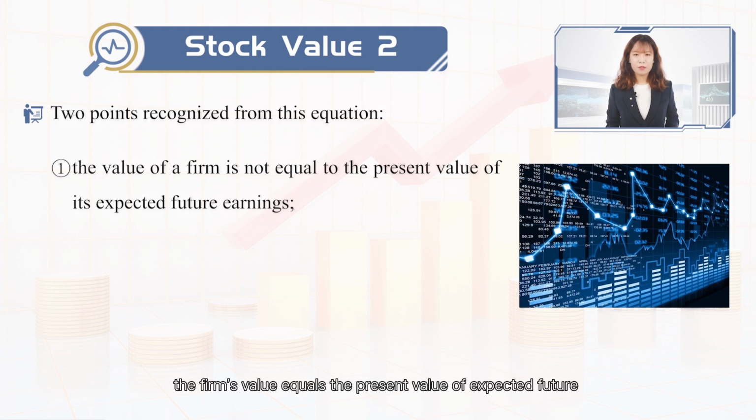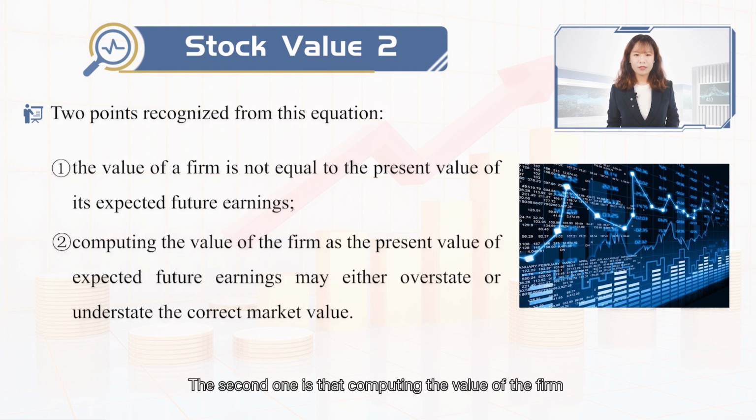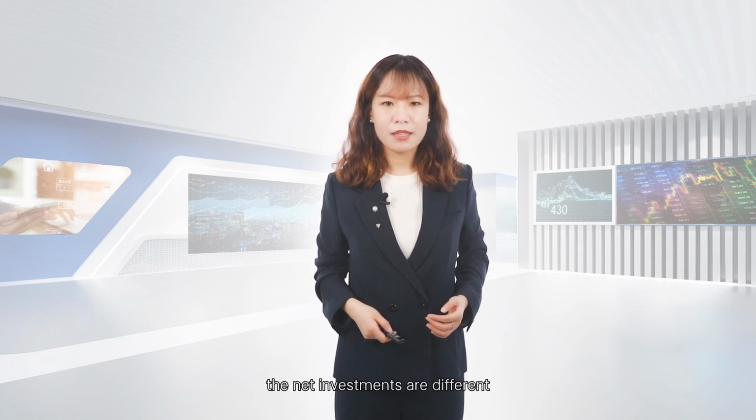Instead, the firm's value equals the present value of expected future earnings less the present value of the earnings reinvested in the firm. The second one is that computing the value of the firm as the present value of expected future earnings may either overstate or understate the correct market value, because net new investment can be either negative or positive. In different industries, the net investments are different.